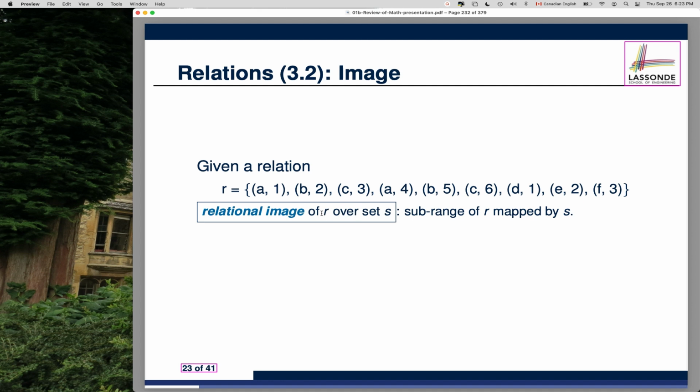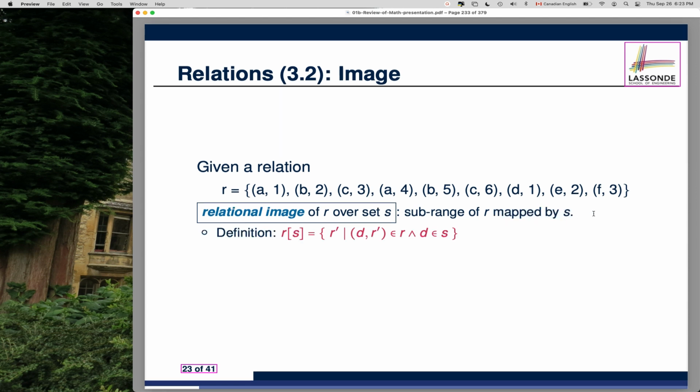And it's an operator that's going to take a set. And what it is going to return is going to be a sub-range. It's not going to return a single relation. No, it's going to return a subset of the range of the relation. Somehow we say it's mapped by S. What do we mean by that? We're going to see the formal definition.